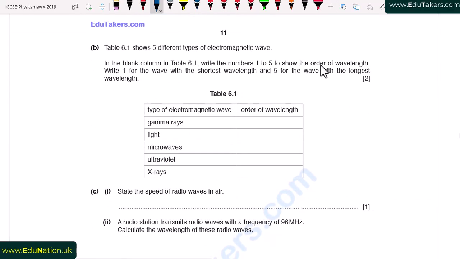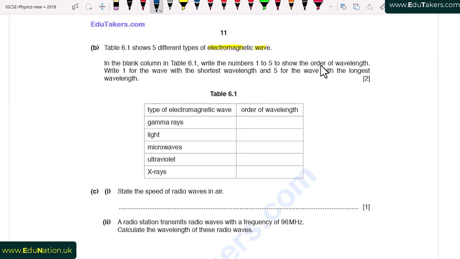Part B. Table 6.1 shows 5 different types of electromagnetic waves. So first of all, we have to know what electromagnetic waves are. These are the waves that do not require any medium for their propagation.